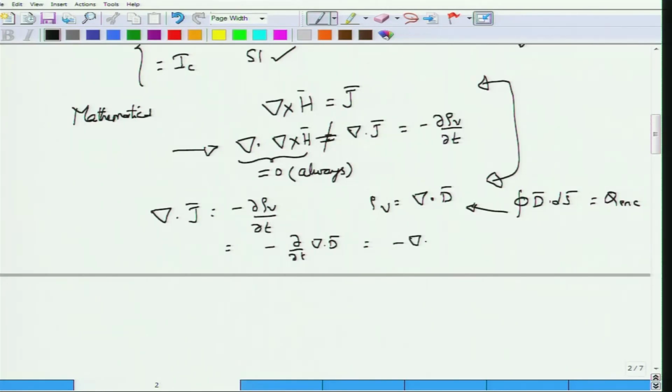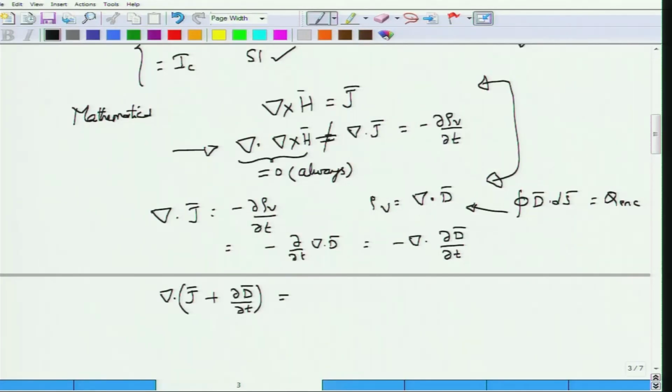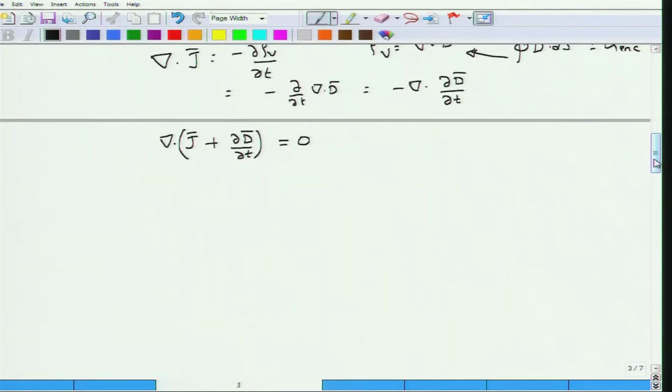So that you would have obtained minus del dot, del D by del t, right. Now, I have two divergence operations on left and right, so I can actually pull them together and write del dot of J plus del D by del t must be equal to 0, right. Now, this is looking exactly like del dot del cross H equal to 0.